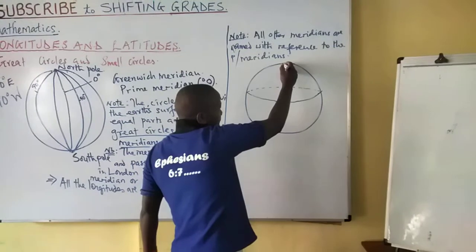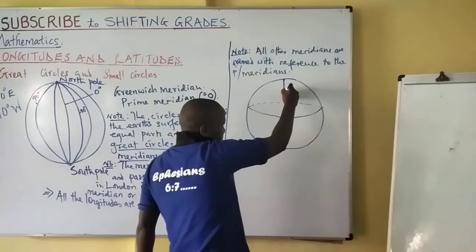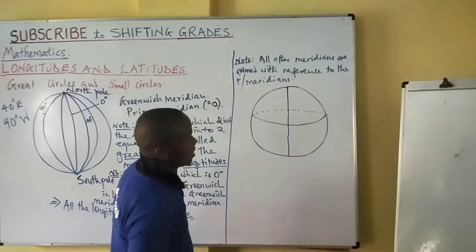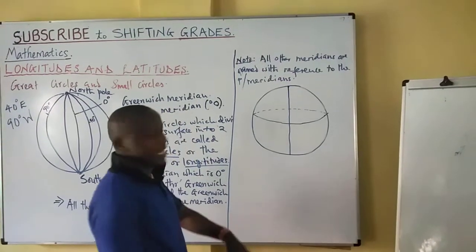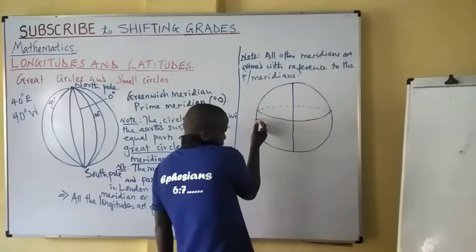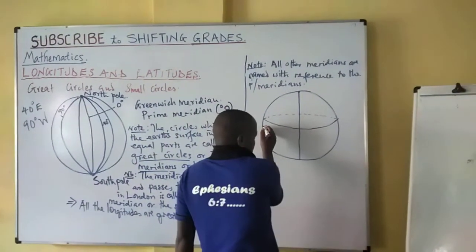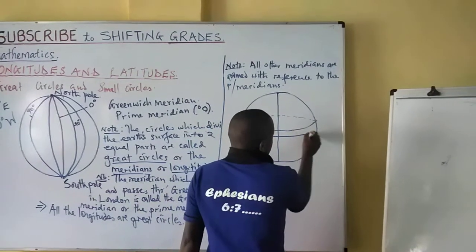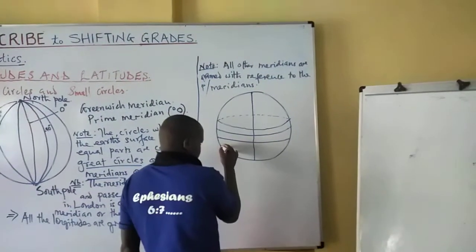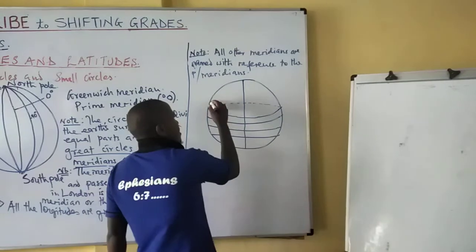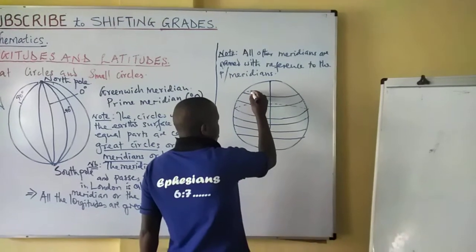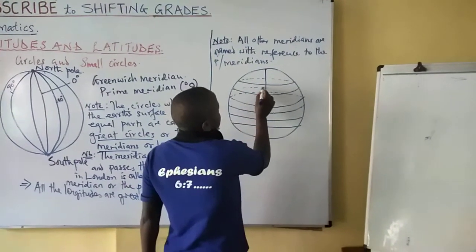If we say this is the Earth's axis, which is passing exactly in between, at the interior of the Earth, then you discover that these circles which cut across from west to east or east to west, like this, it is true they are dividing the Earth's sphere, but they are not dividing it into 2 equal portions like the meridians.